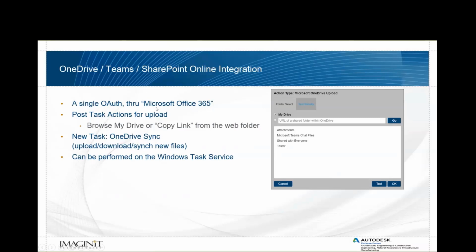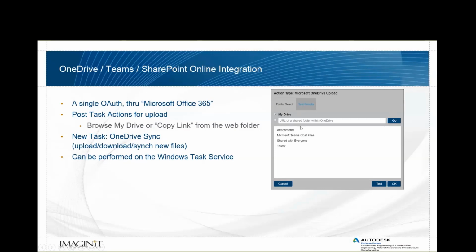We have you authorize via a Microsoft Office 365 set of credentials, which you can assign a different one to each project or however you want to do it. But then within that, you have the ability to set up post-task actions to say, when this task finishes, take the files that come out of this task and push them into my OneDrive or a SharePoint folder or a Teams folder.